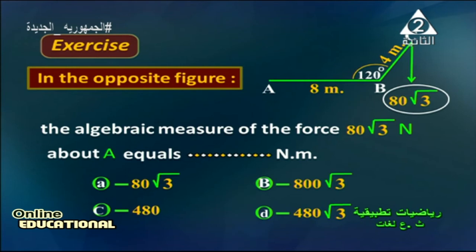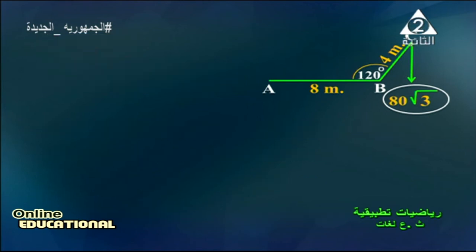Now we have a force of magnitude 80 root 3 acting at point C vertically downward. What is the moment about point A? In the opposite figure, AB equals 8 meters, BC equals 4 meters, and the measure of angle ABC equals 120 degrees.